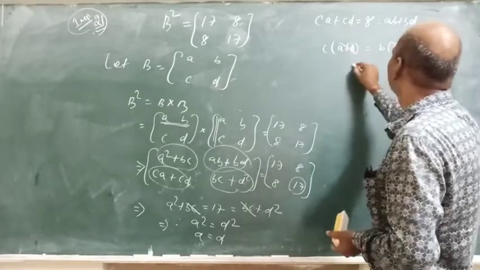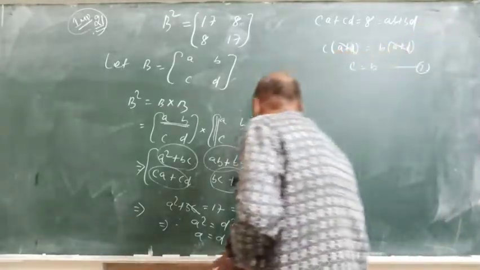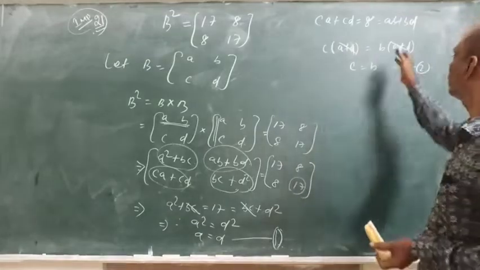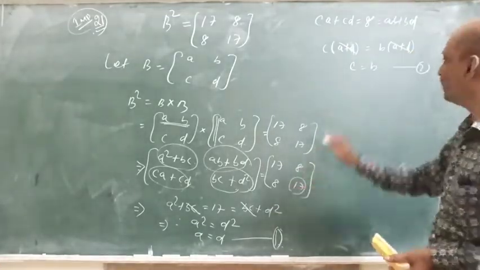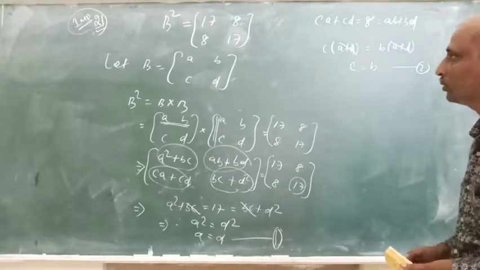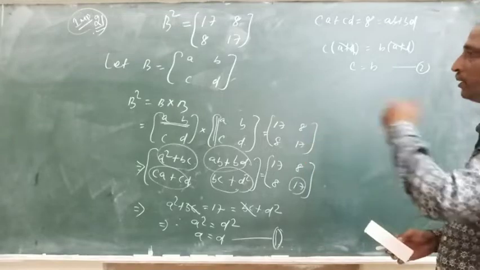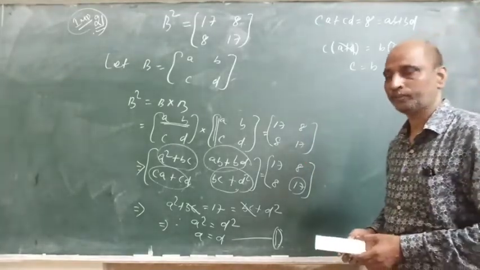Cancel these two, c is equal to b. Now we get two relations: one, a is equal to d, and two, c is equal to b. Now by using these two relations we will continue.